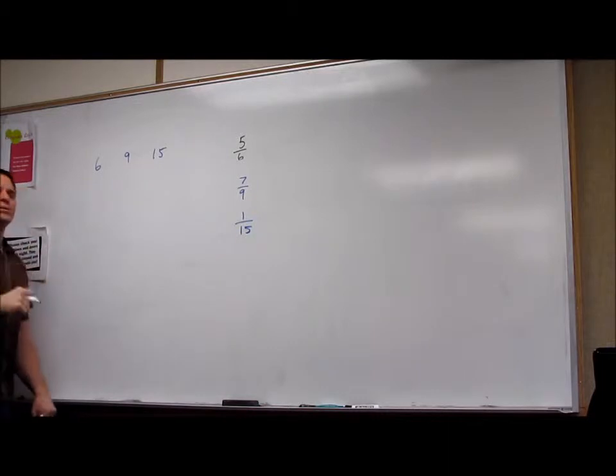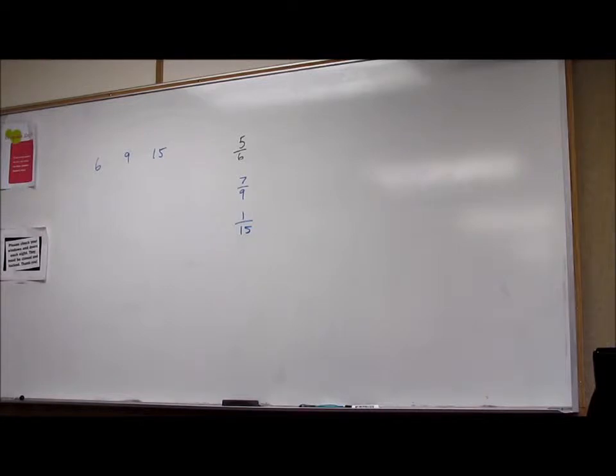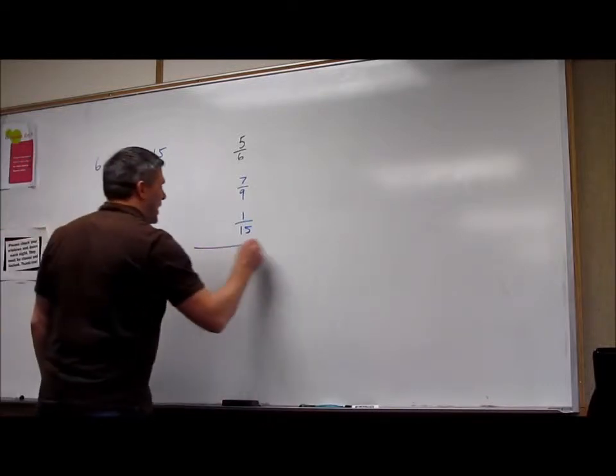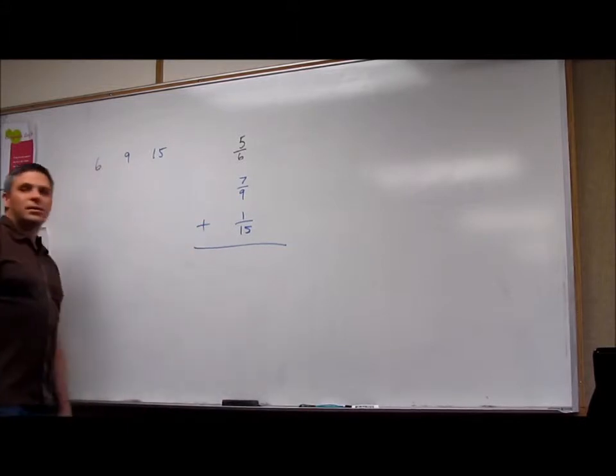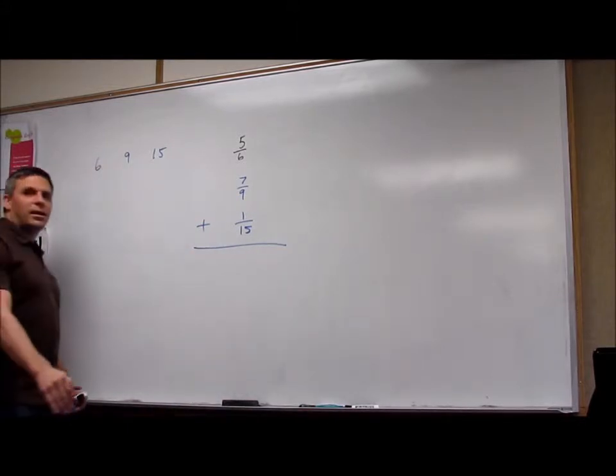Why do we take those numbers? Because they're all odd? No. What is common about those numbers when you look at this problem? Remember, we're adding all these up. What are they?